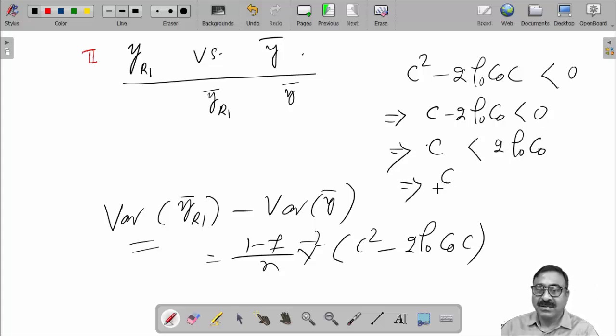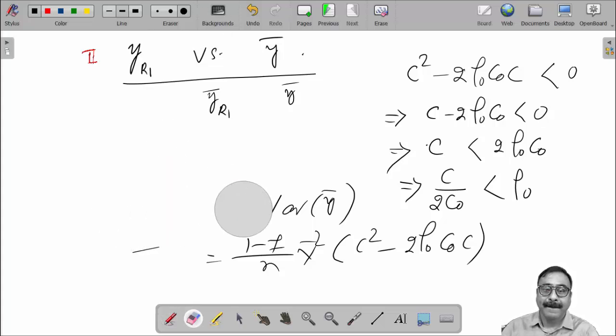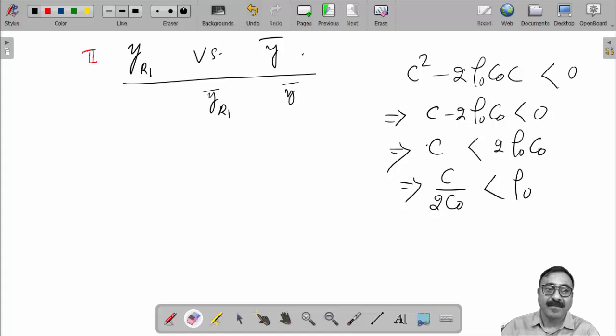That implies C by C0 by 2 is less than rho 0. So that implies rho 0 is greater than 1 by 2 C by C0.